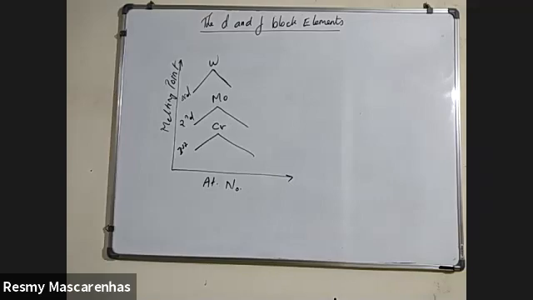Thus it becomes difficult to remove an electron from metals of the second and third series.